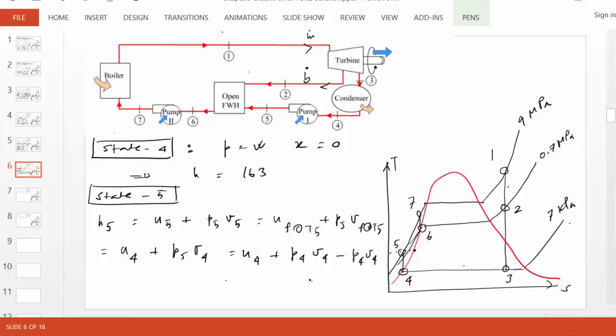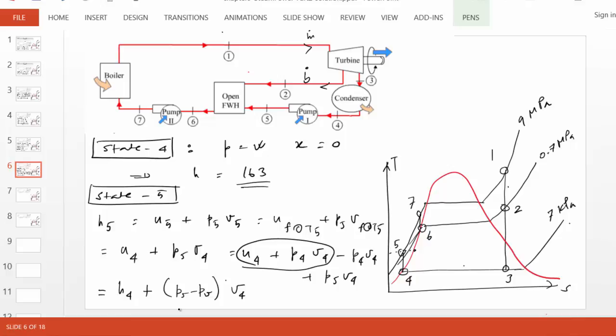So I add and subtract a term, which produces U4 plus PV4, meaning H4, plus (P5 minus P4) times V4. So this is a simplified expression for H5. To find the liquid enthalpy at 5, we find liquid enthalpy at 4, which you already know, and add this term due to pressure increase. And that can be shown to produce 164. So this is a standard way of finding subcooled liquid enthalpies.